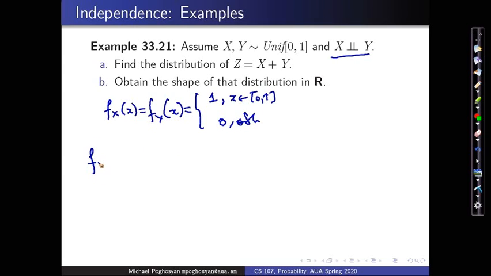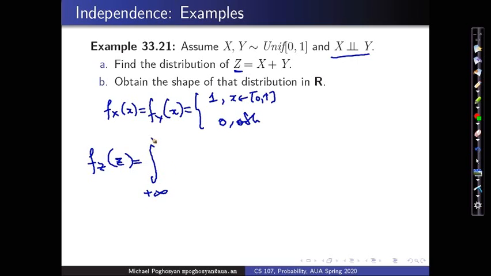Now I'm writing the formula for calculating the PDF of the sum Z at some point z. So this is equal to the integral. I'm calculating the convolution.